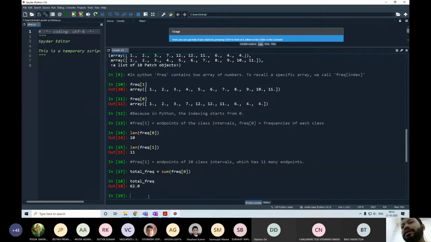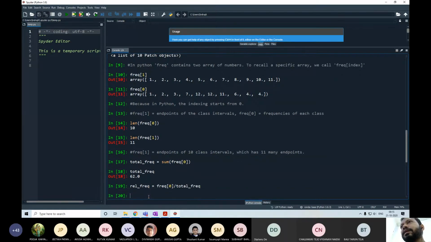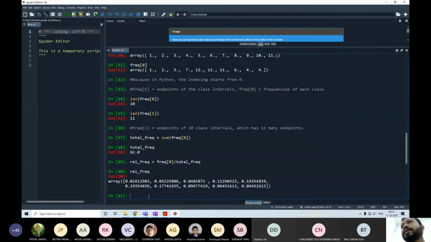All right. So the relative frequency, let's call it a new variable. It's going to be frequency divided by the total frequency. If I call that, this is the array I get, which gives me the relative frequency.